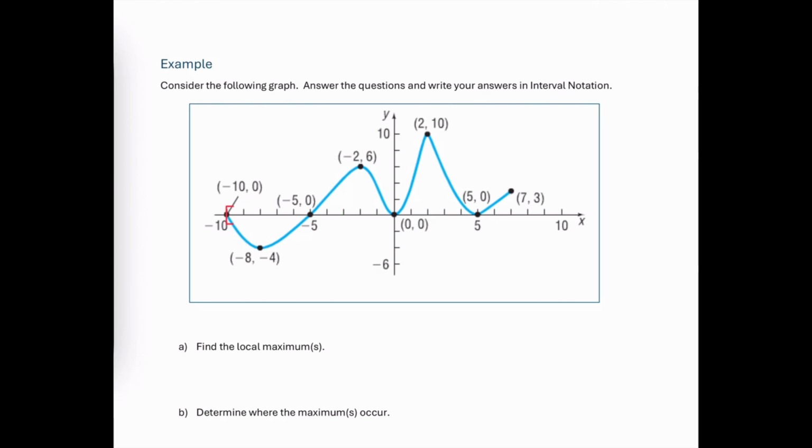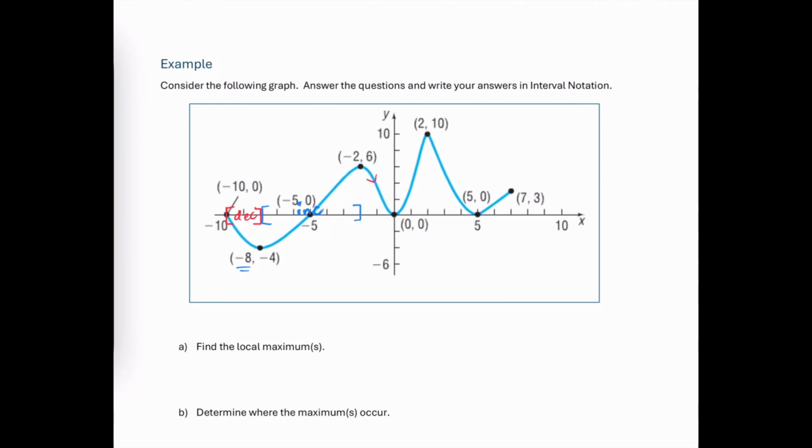The x interval over which we're decreasing starts at the x value -10, and my function is decreasing over the interval from -10 to -8. And then starting at -8, it's going to increase all the way past the x-axis to the x value -2. So the function is increasing here in this interval.